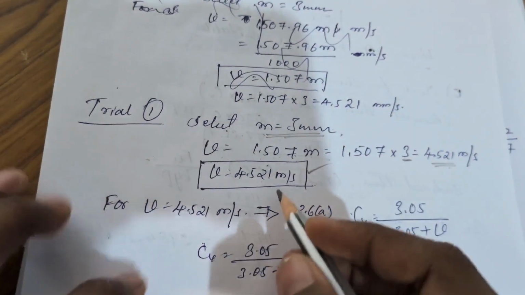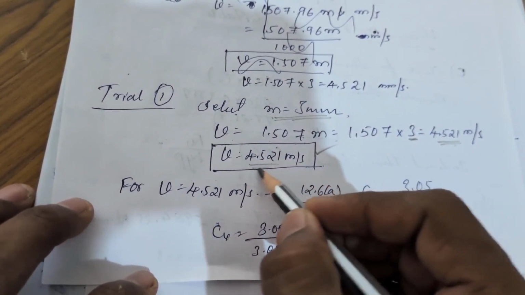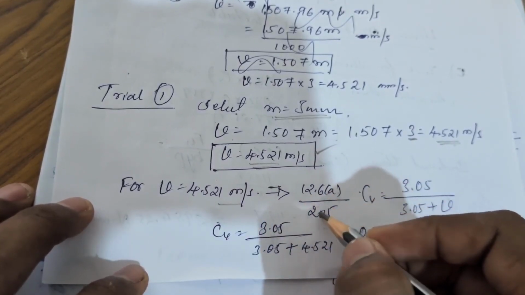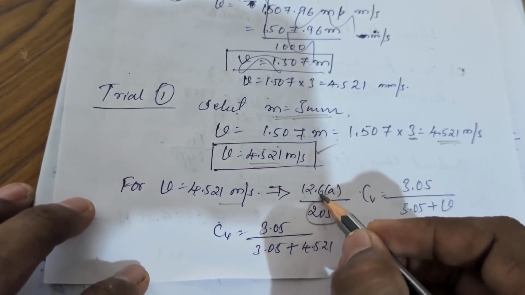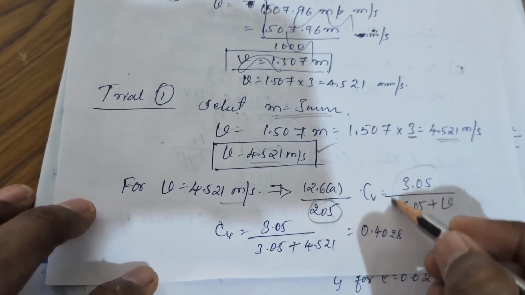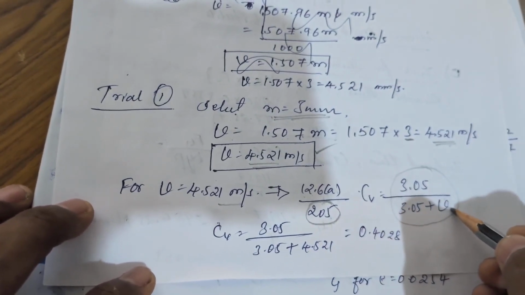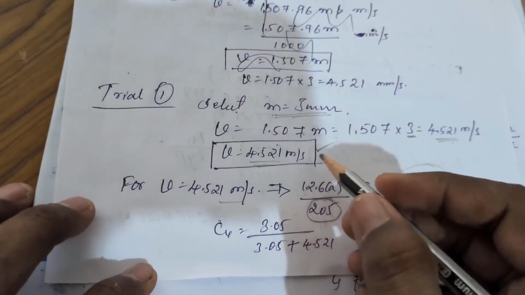After getting this value, substitute it for this value, 4.5. So from page number 205 in the data handbook, equation number 12.6a, the Cv value comes out to be 3.05 divided by 3.05 plus V, where V is the velocity which we have just calculated.